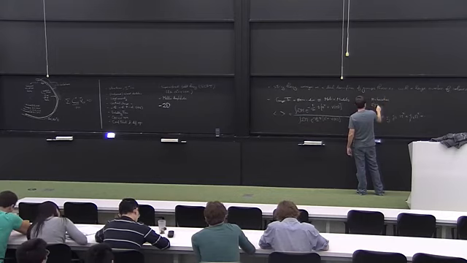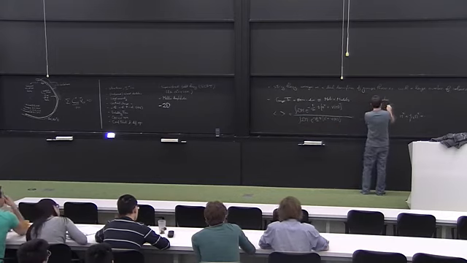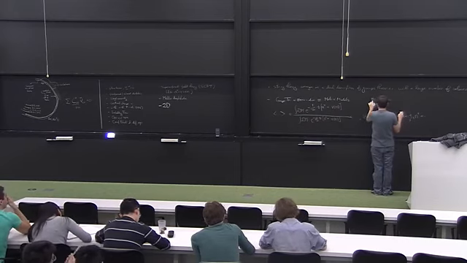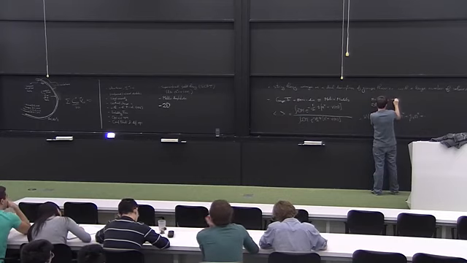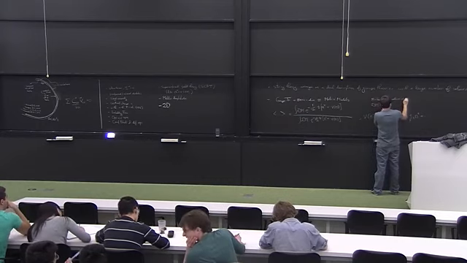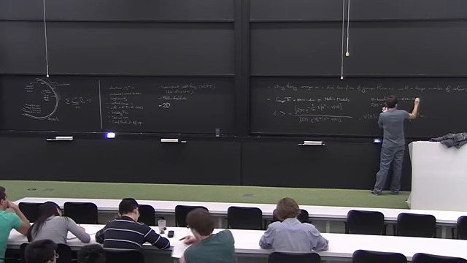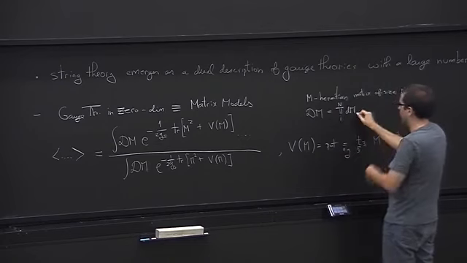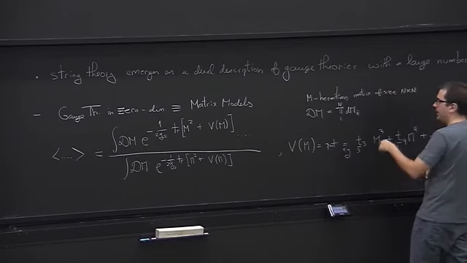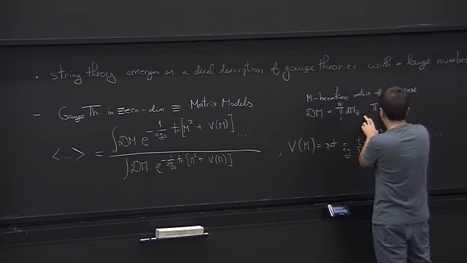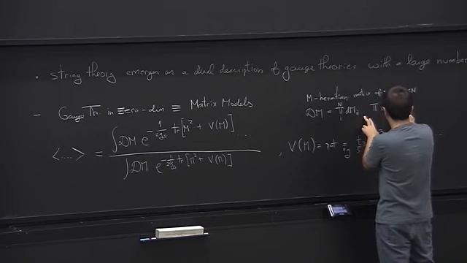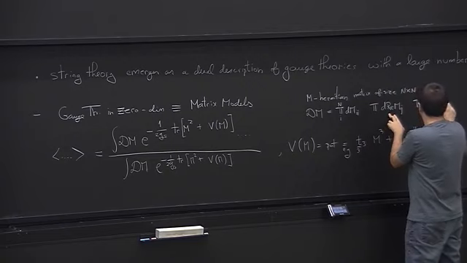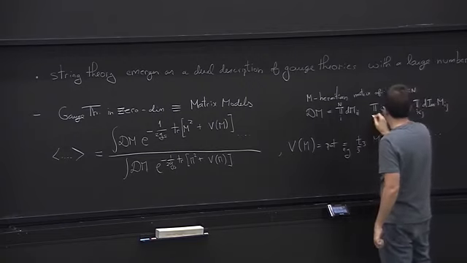And in that case, the measure that we use to integrate over M is: N is the size of the matrix, so it's a Hermitian matrix of size n times n, and we integrate over the diagonal elements of the matrix, m_ii, and then we integrate the off-diagonal elements, real part of m_ij, times the imaginary part of m_ij, for i smaller than j.